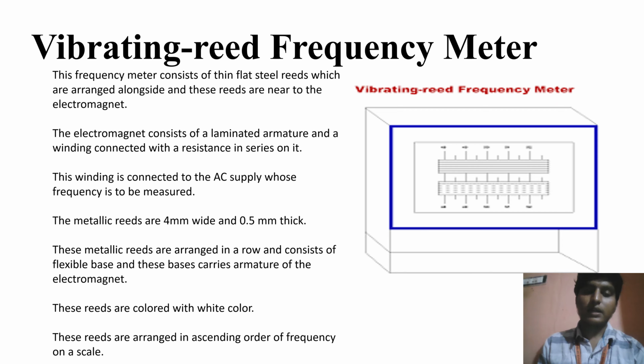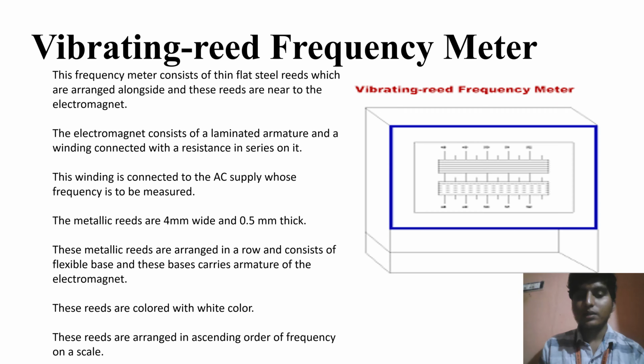When the winding is connected to the AC supply, the frequency is measured. The metallic reeds are 4 mm wide and 0.5 mm thick. The metallic reeds are arranged in a row and consist of a flexible base.